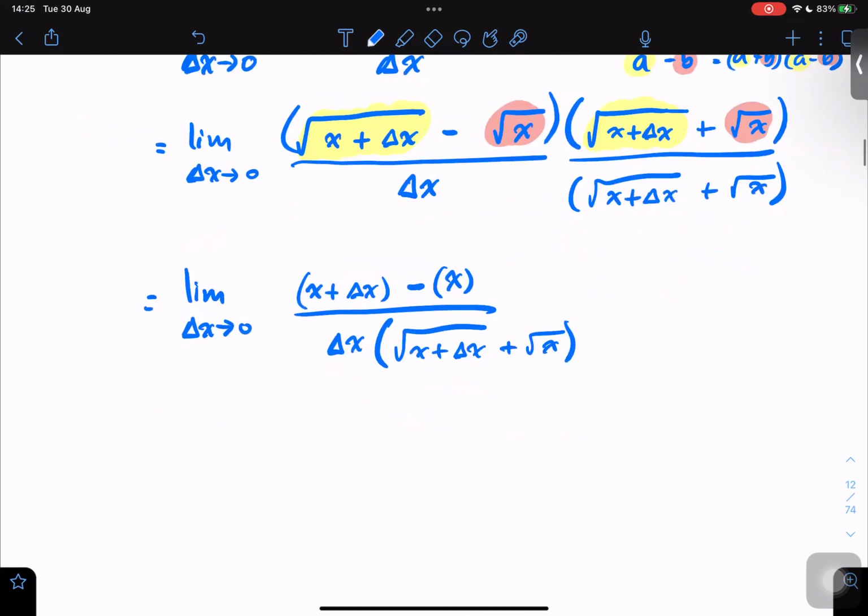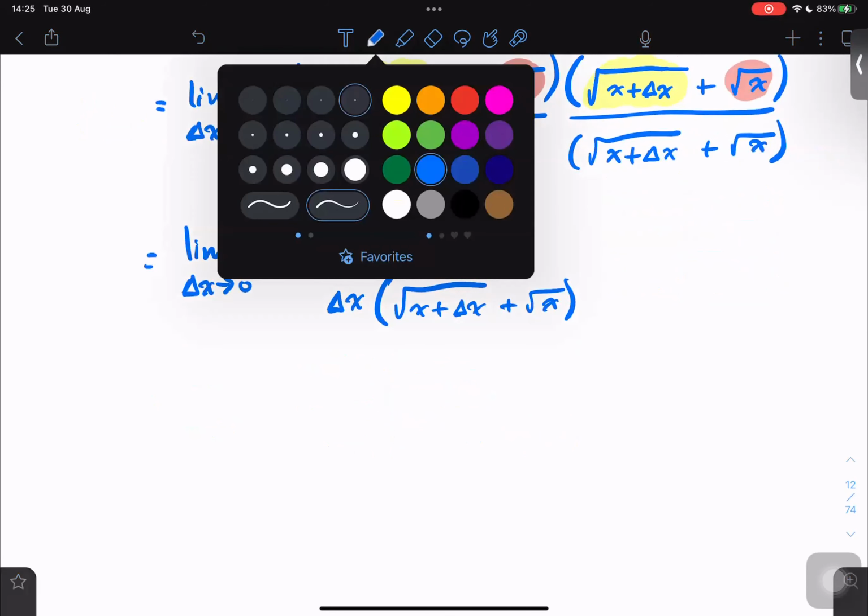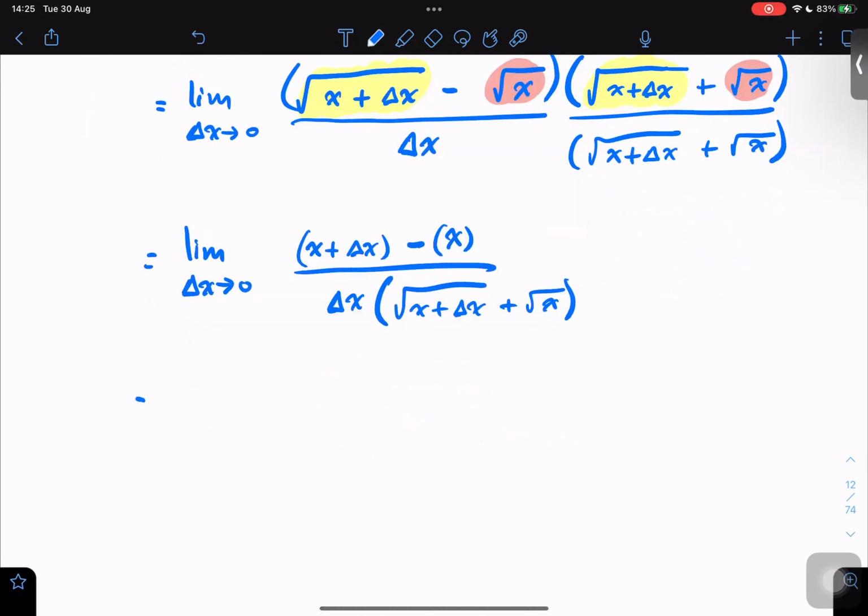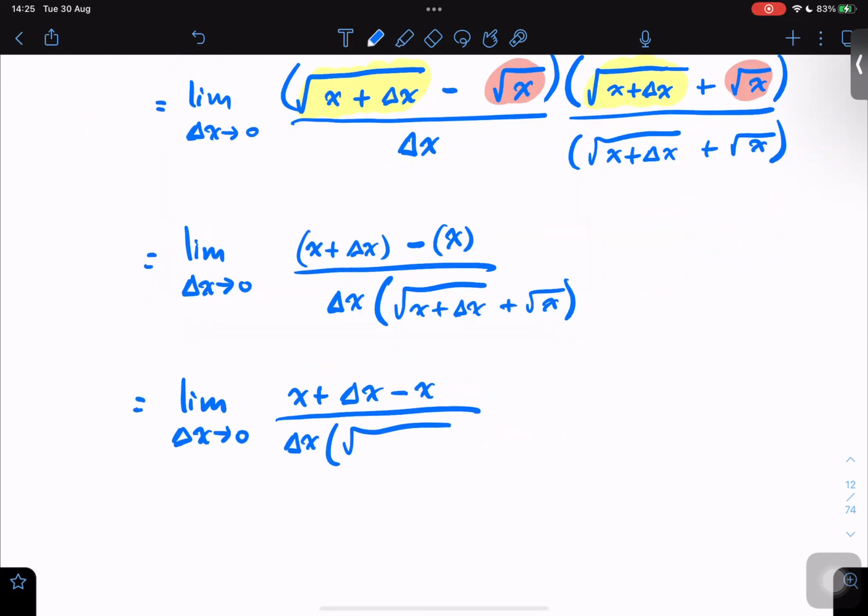And you can see that x plus delta x minus x over delta x times the square root of x plus delta x plus the square root of x.